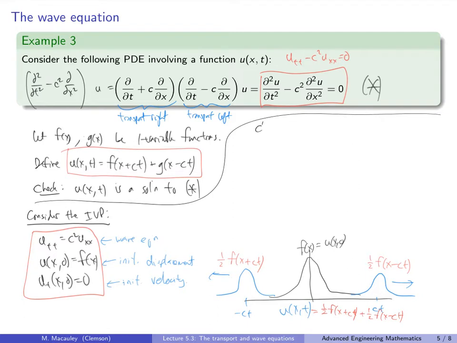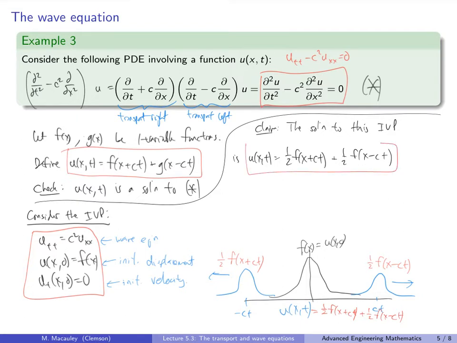So I claim that the solution to this initial value problem is u of xt equals 1/2 f of x plus ct plus 1/2 f of x minus ct.